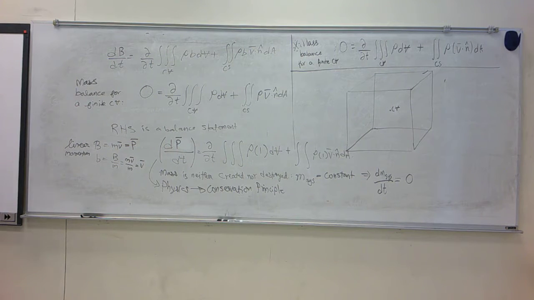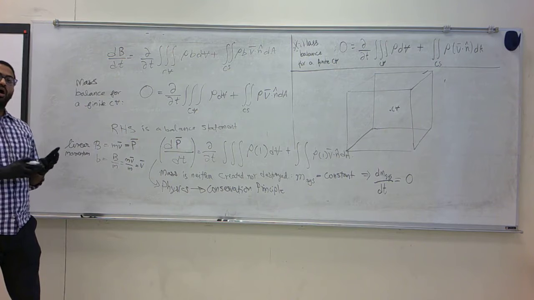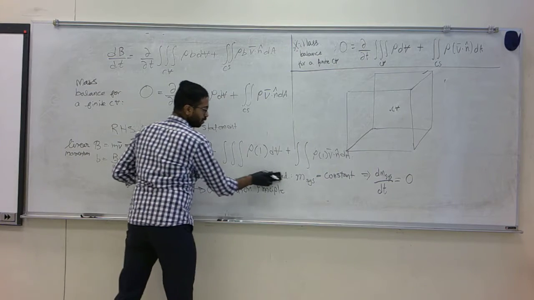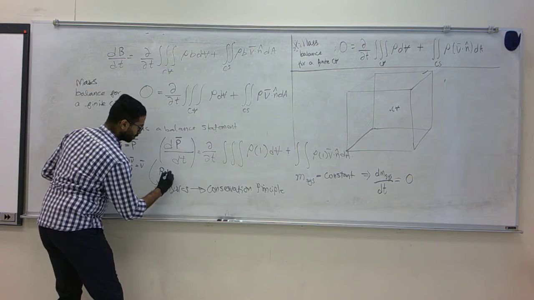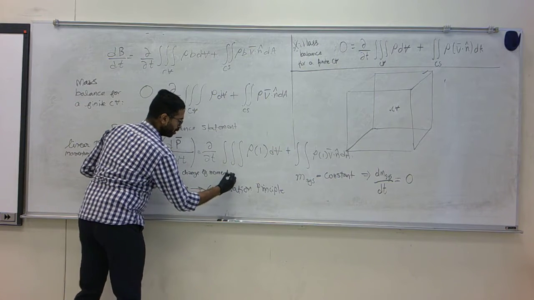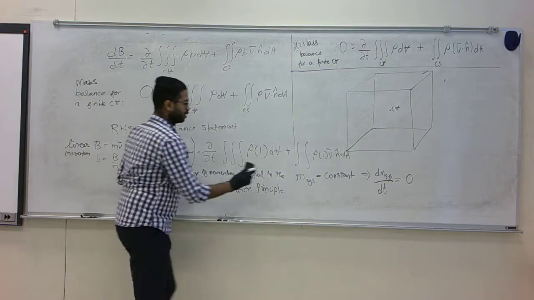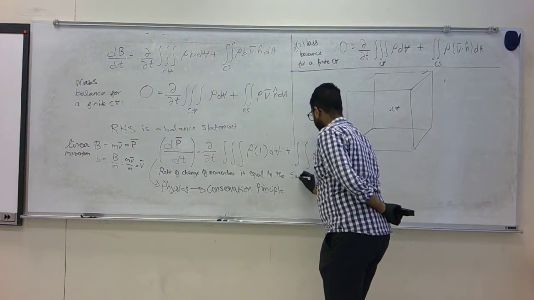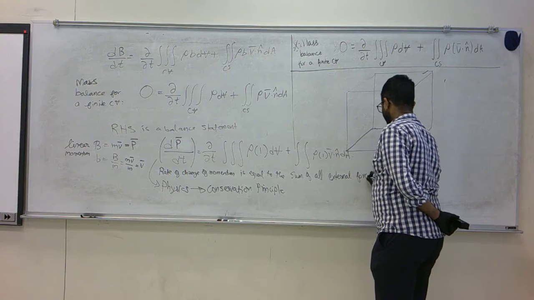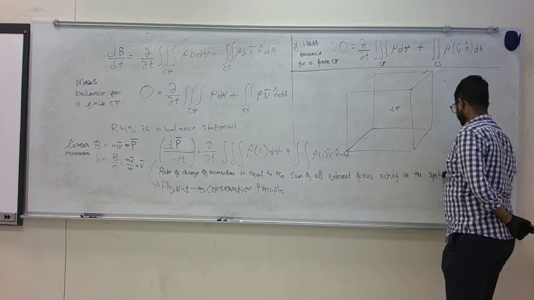Now how is linear momentum connected to the physics? We need to find a physics principle or a conservation principle that tells you how linear momentum is related to some other physical quantity, which is the rate of change of momentum is equal to the sum of all external forces acting on the system.